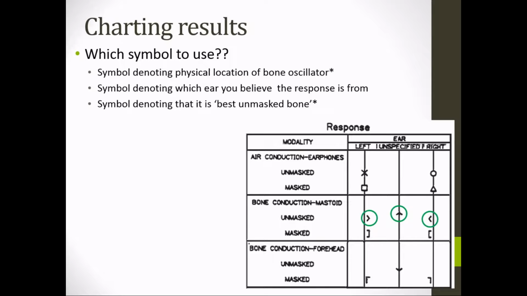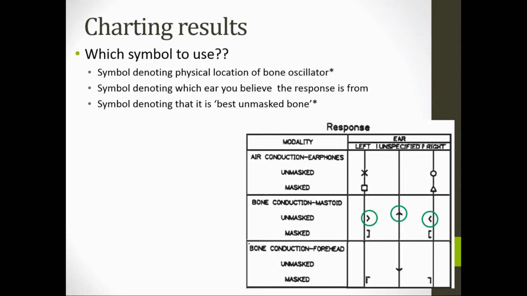There's a bit of a controversy in terms of which bone conduction symbol you use on the audiogram. You can either use a symbol that's denoting where you have physically put the bone oscillator. So if you go in the booth and you place the bone oscillator on the person's left mastoid, you may then choose to use the unmasked left symbol right here, denoting that it was obtained from the left mastoid.